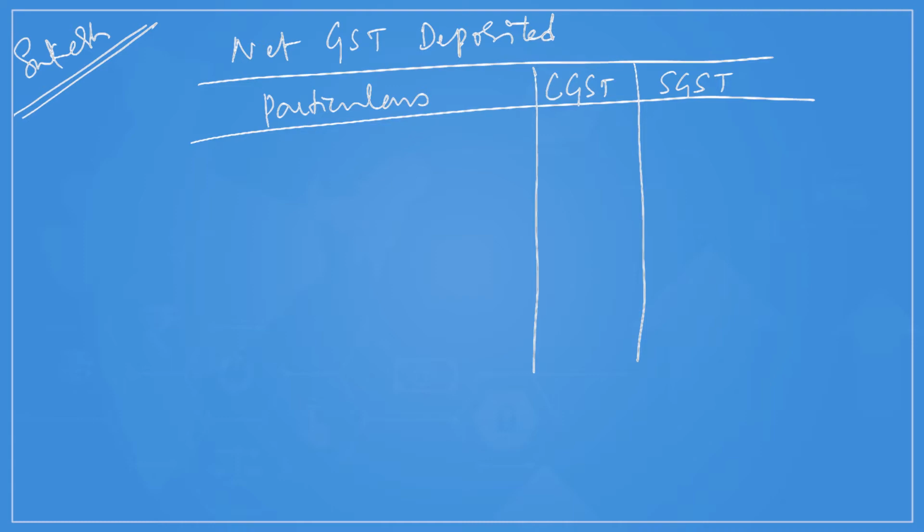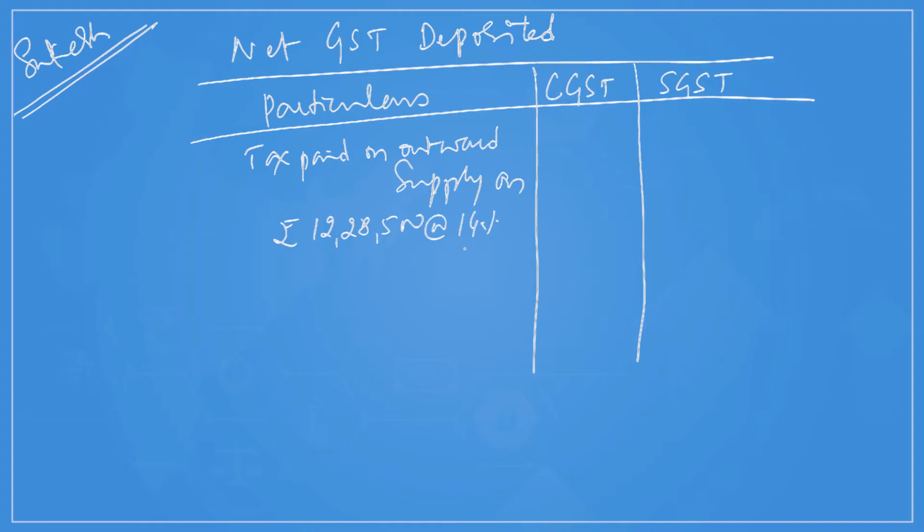As usual, first consider tax paid on outward supply. Outward supply on rupees 12,28,500 at the rate of 14%, that is rupees 1,71,990.